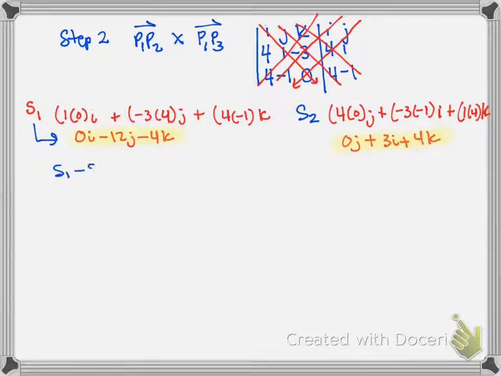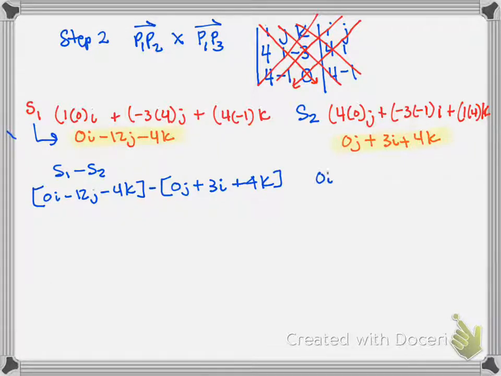So S1 minus S2: 0I minus 12J minus 4K minus 0J plus 3I plus 4K. What do I get?